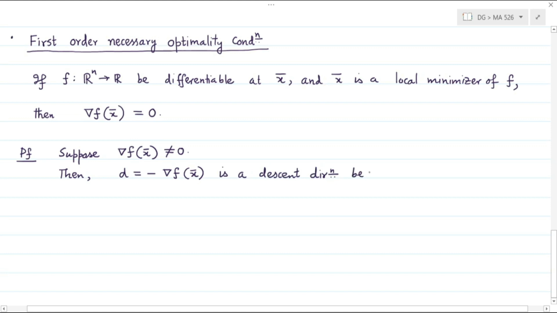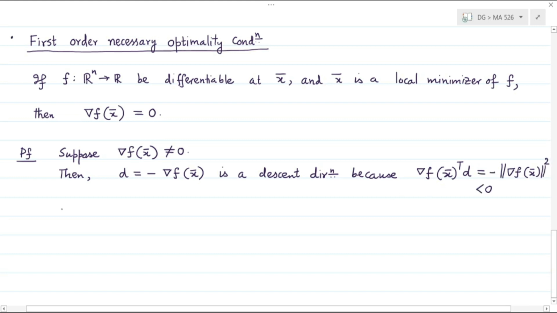Because with this d you have the directional derivative given by the negative of the norm of the gradient of f at x bar squared, right? And therefore it is a negative quantity.